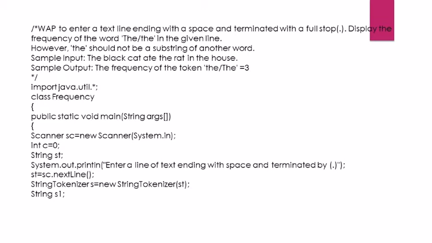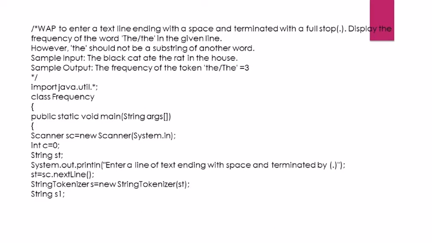I've changed the name. Instead of FREQ, I've written Frequency while compiling. Public static void main String args, we know this. Scanner sc, it is the same. int c equals 0. String st. System.out.println, "Enter a line of text ending with space and terminated by full stop". Now we are entering the complete line of text using nextLine in the variable st.